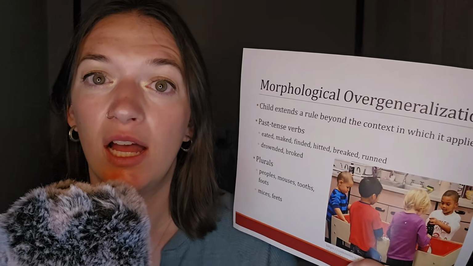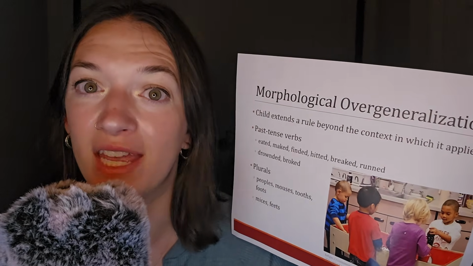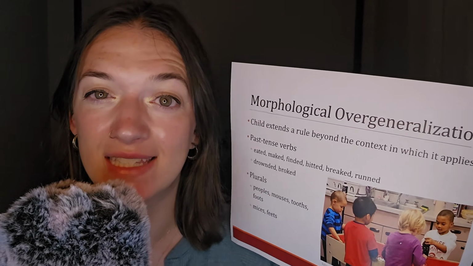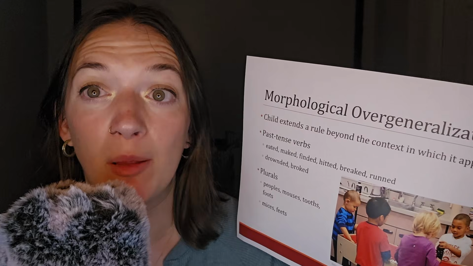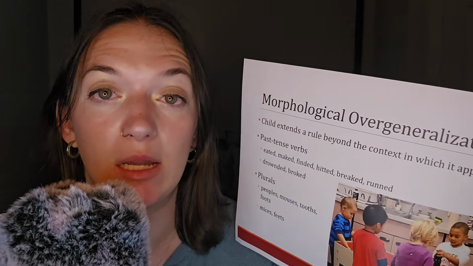A child knows that break becomes broke, but they also know that -ed makes things past tense. So they might say something like, I broked it, he broked it, as opposed to he broke it.